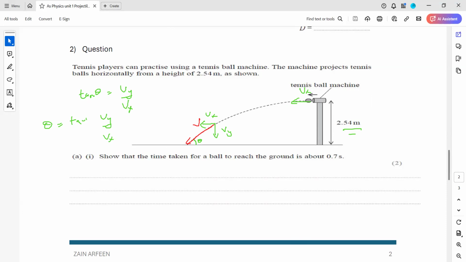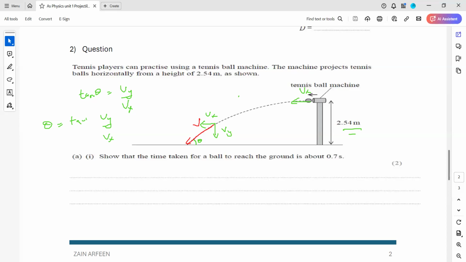Now what will happen if we change, for example, the initial speed? The total angle depends on the vertical and the horizontal. But in this example, the vertical component won't change. Why does the vertical component not change?